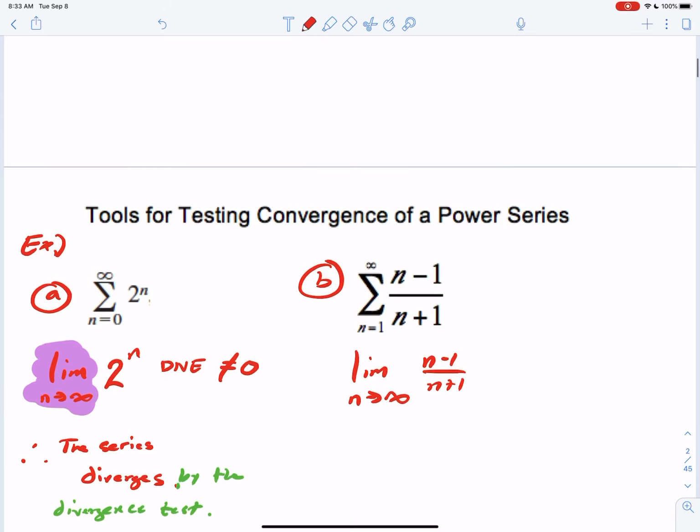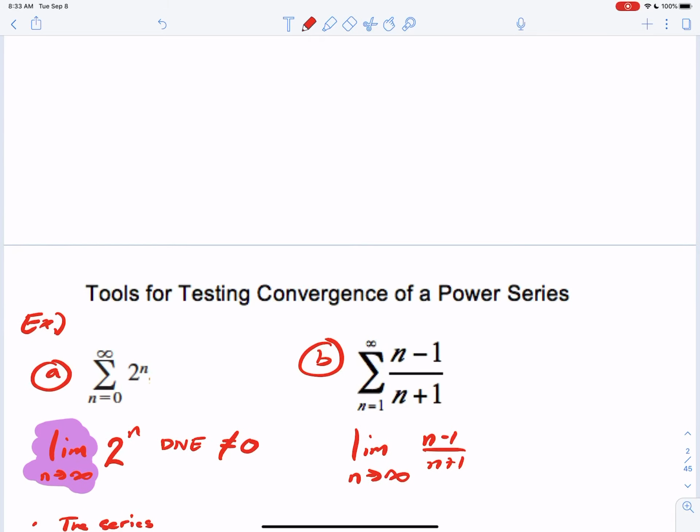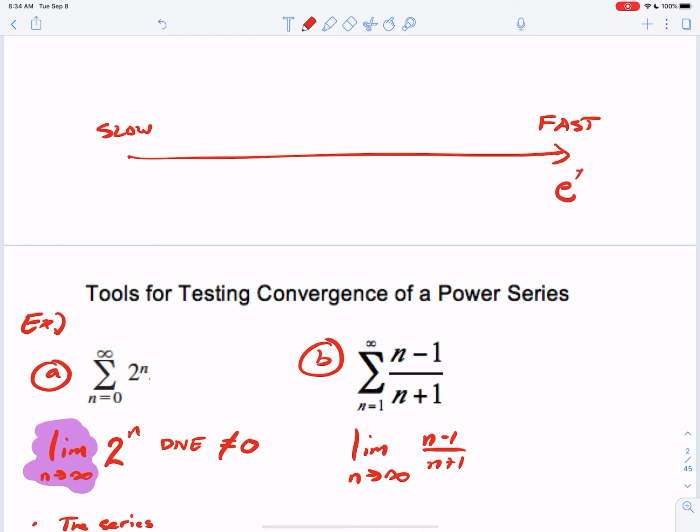So let's recap real quick. If we were to talk about speed, the fastest moving function, okay, the fastest, can you guys remember what the fastest moving function is, or the fastest increasing function? Press play when you're ready. So it's e to the x. That grows exponentially, so faster and faster and faster.